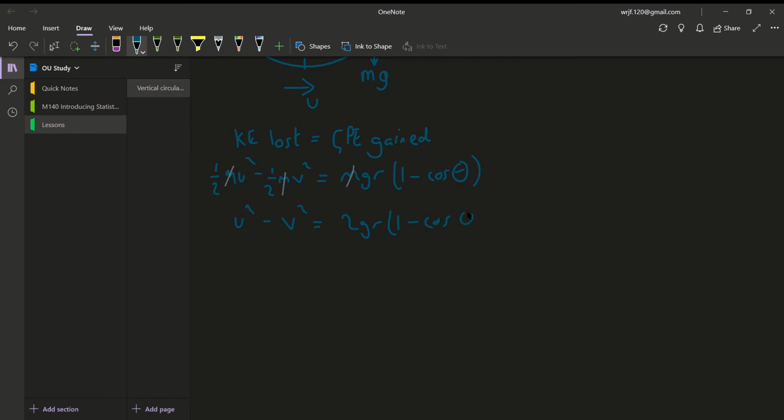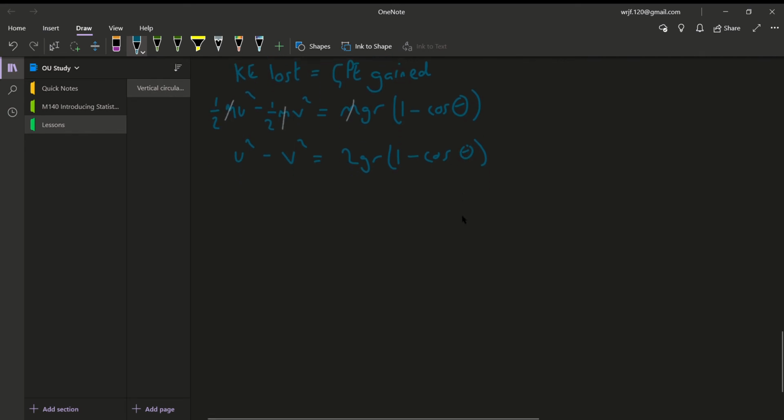And probably what we're going to need in most situations in these sorts of problems is an expression for v, or well, let's leave it as v squared rather than bothering with square roots. So I can rearrange this to get v squared as the subject of this equation, and we've got v squared equals u squared minus 2gr brackets 1 minus cos theta.